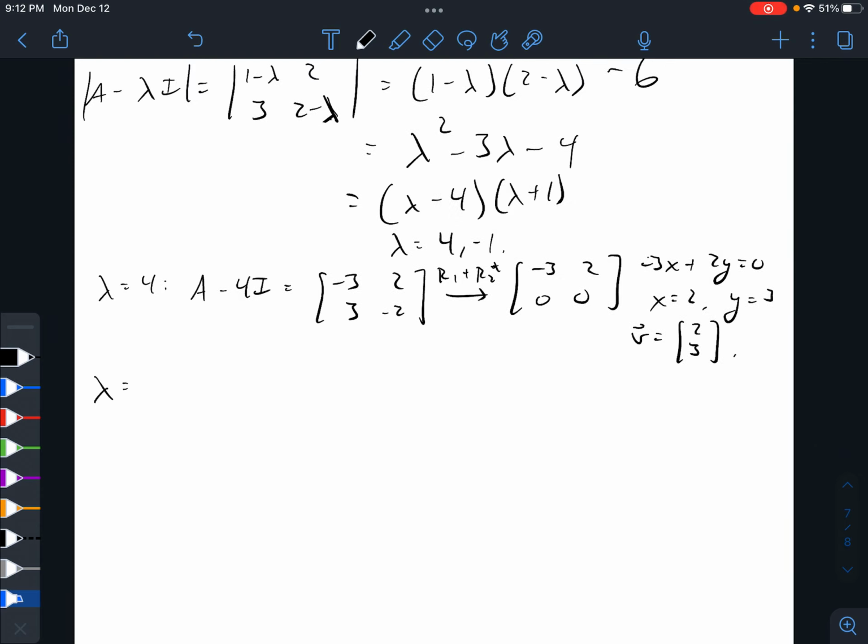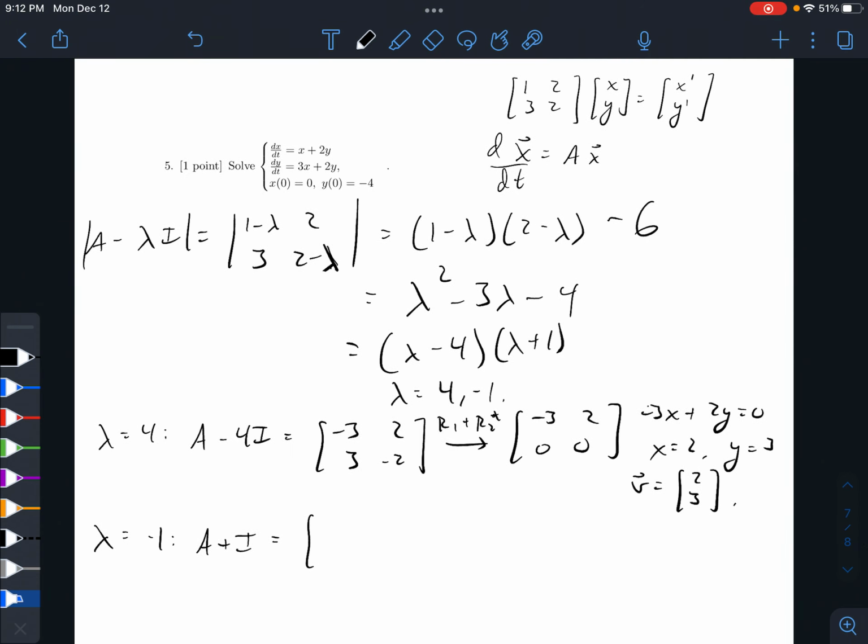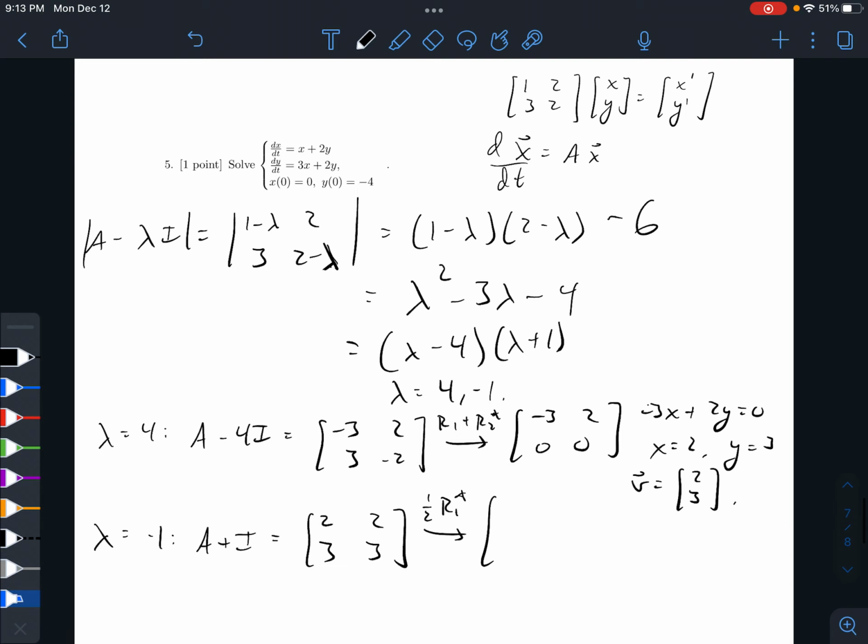What about for lambda equals negative 1? A plus I is equal to... okay, so 1 plus 1 is 2, and then 2, 3, and then 2 plus 1 is 3. I could scale down row 1 by a half, and then add 3 times row 1 to row 2.